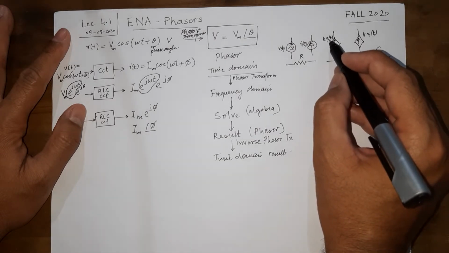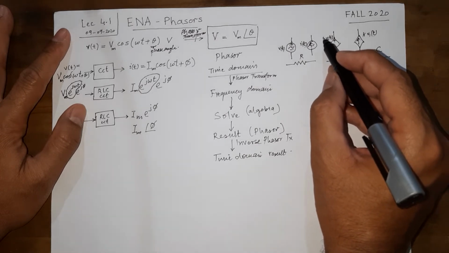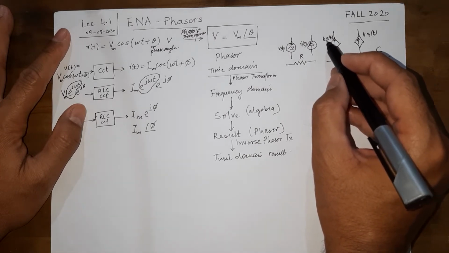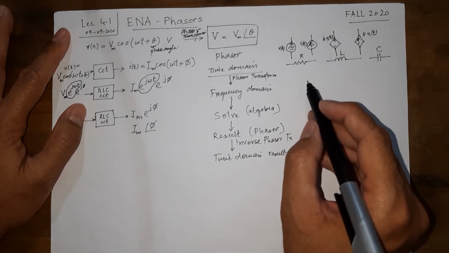This voltage source depends on this voltage, and a multiplying factor K multiplies with it, and so on.